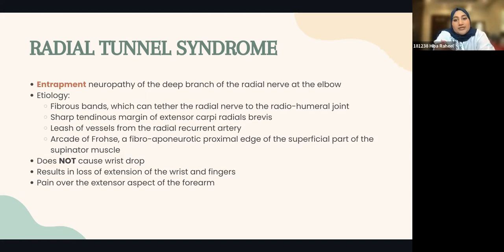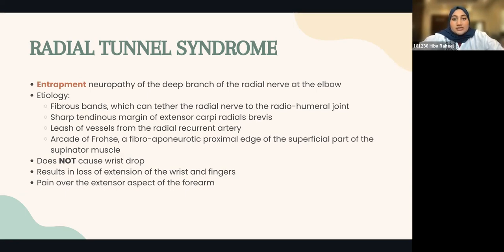What really happens is that there are certain structures in the elbow, such as some ligaments, some fibrous bands, some tendons, because there are a lot of tendons in the elbow region. They compress the radial nerve against certain structures.